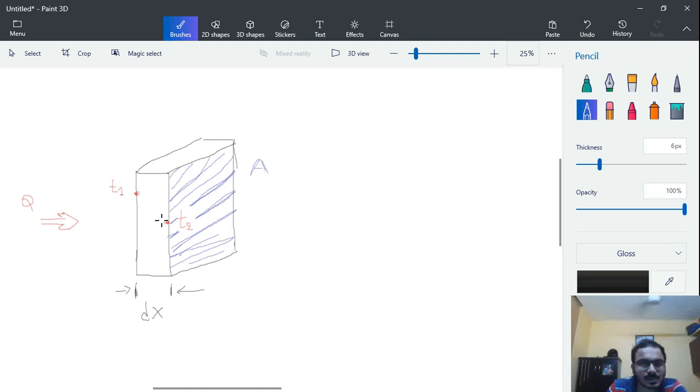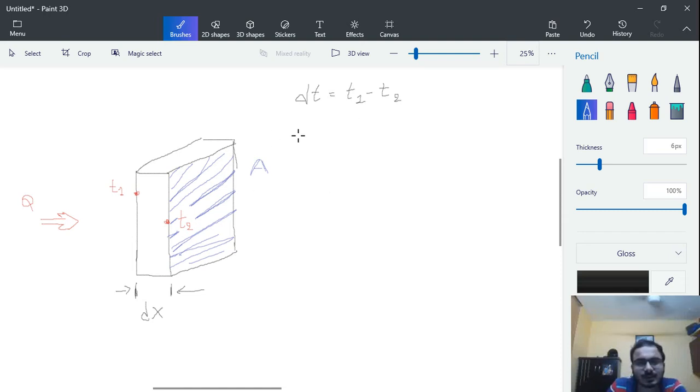The temperature difference here is T1 minus T2, and in our equation dT, that is the temperature differential, if you see this case, then it will be T1 minus T2.